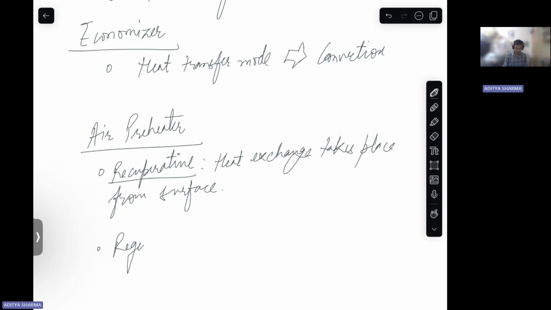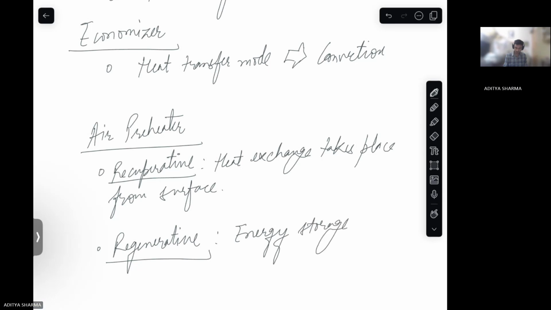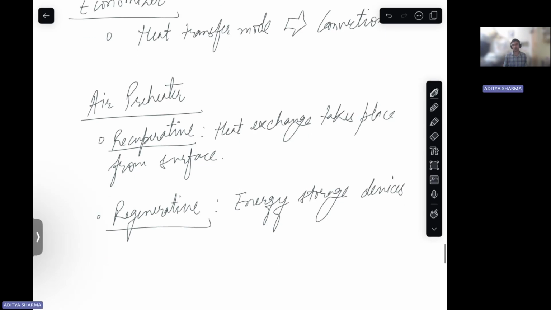Then is your regenerative preheater. Here we take help of energy storage devices. We store the energy in some energy storage device, and then this device is used to preheat the air.